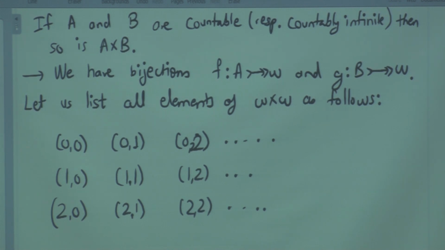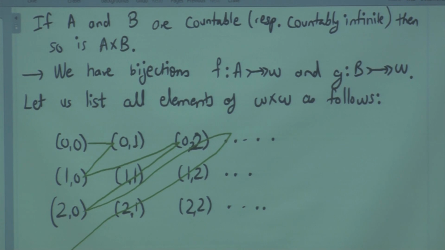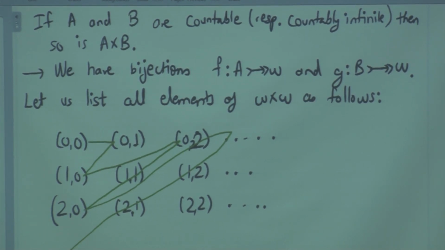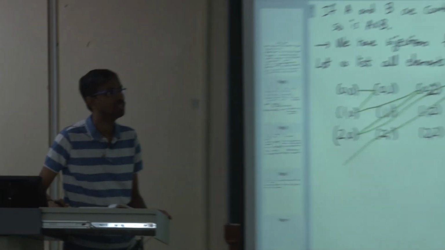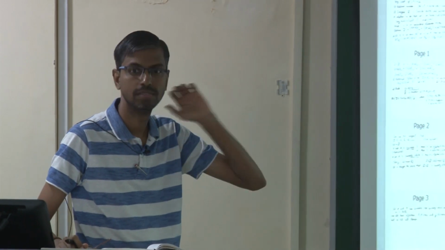I will take color green and I will start from here, this zigzag. This zigzag actually defines a list of all the elements. Every element lies on some diagonal, so it will be covered at some point. Converting it into a bijection is not hard.